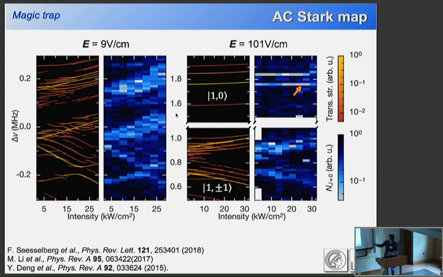Basically, you decouple this 1 0 state from the other rotational states, and you effectively also decouple the hyperfine nuclear spin and the rotation. So you get a very clean level with very straight transition frequencies. So it's a very good two-level system with very small curvature versus the intensity.